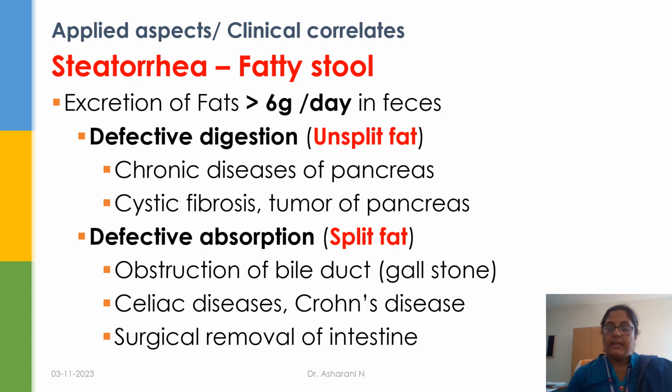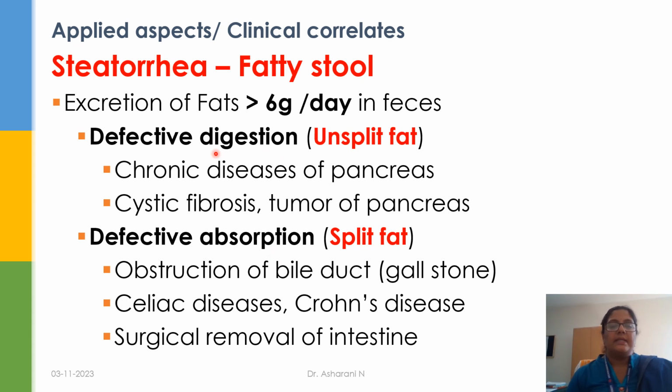Applied aspects or clinical aspects of this fat or lipid digestion is steatorrhea. Steatorrhea means fatty stool. The normal excretion of fats is less than 6 grams per day. If it is more, we call it steatorrhea. This steatorrhea can be due to defective digestion or defective absorption.